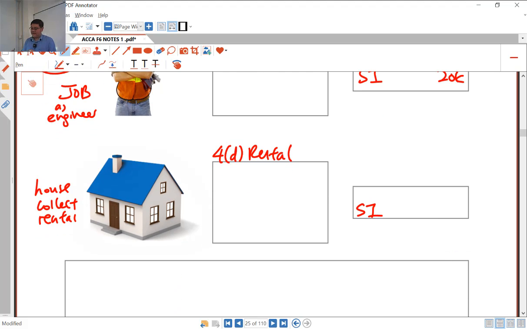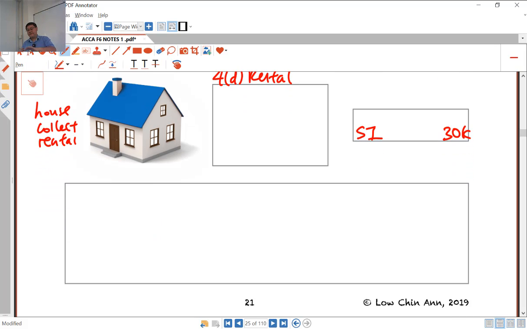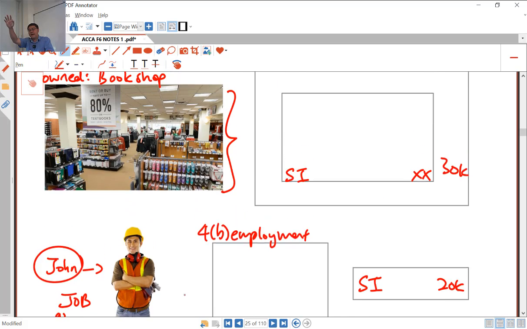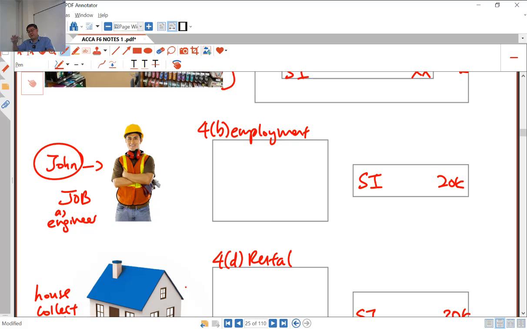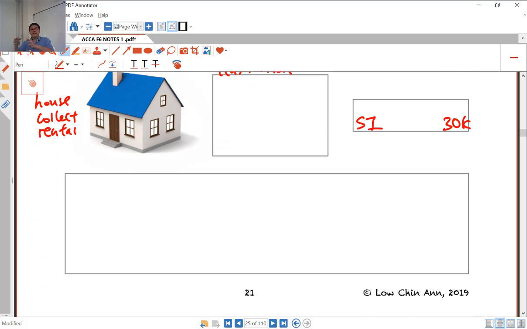Let's say you have 30,000 for your rental. Now, that individual SI, that figure 50, 30, 20, 30, will then be added to this figure that we need called aggregate income, which is 130.